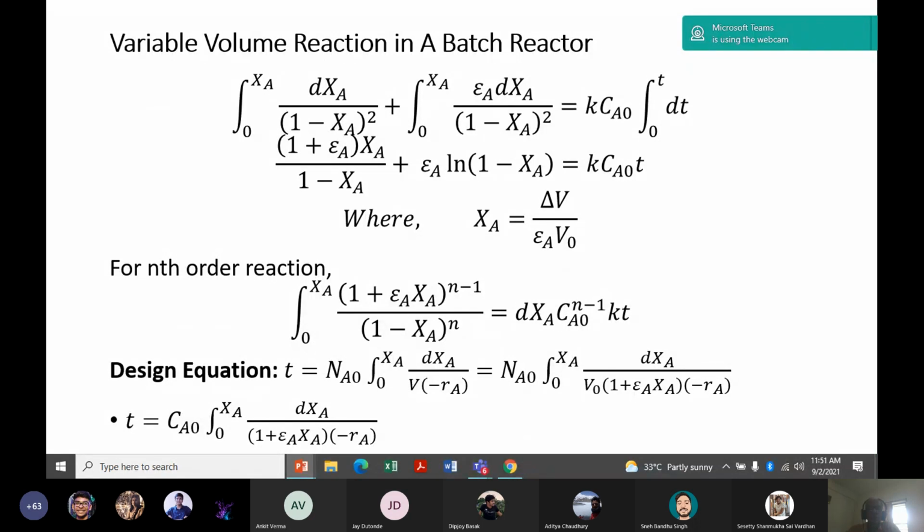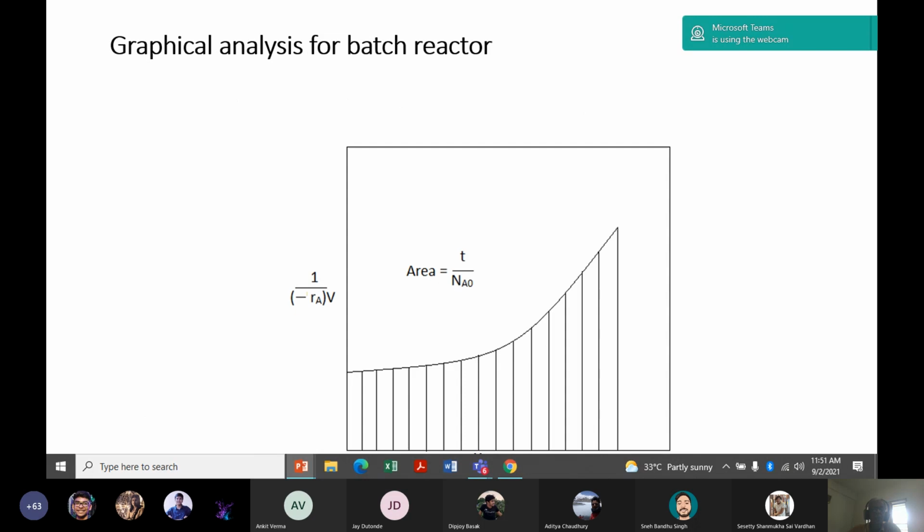Then you integrate, but as integration is sometimes difficult, you can find it graphically. So graphically we have to plot 1 by minus RA times V as a function of t by Na0.